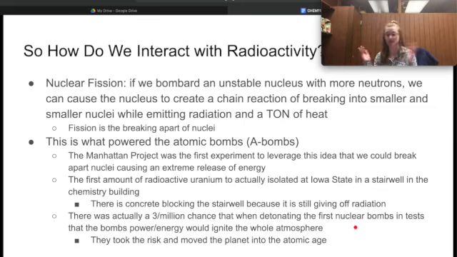I think that's an extreme risk those scientists took when they chose to detonate the first nuclear bomb. But they took the risk, they moved the planet into the atomic age, and we were able to learn and study about these different things, and how we can use fission in a more useful manner rather than just a destructive manner.